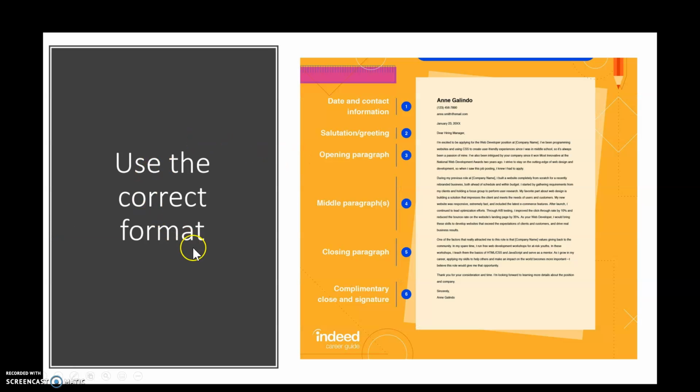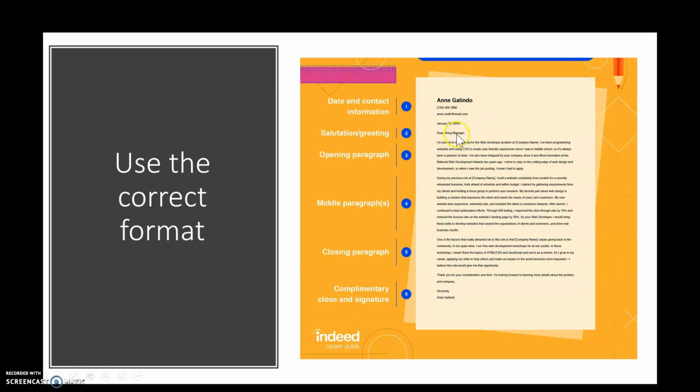So it's very important with cover letters to use the correct format. As you can see, this is from Indeed's career guide. So you start with the date and contact information. Normally you also put, either on the other side or right underneath it, the information for the hiring manager, so their name and all of that.